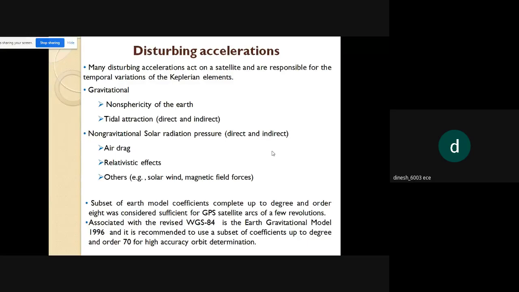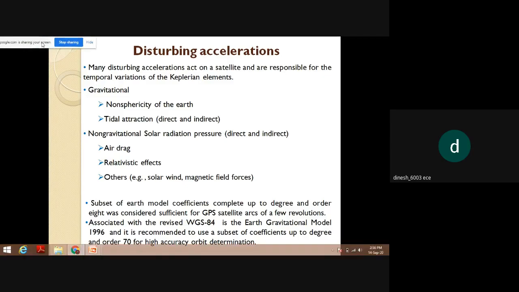There are many disturbing accelerations that act on the satellite and tend to make a big impact on the variations of Keplerian elements. One is gravitational; the second is non-gravitational. Gravitational covers the non-sphericity of the Earth and tidal attraction, either indirect or direct.